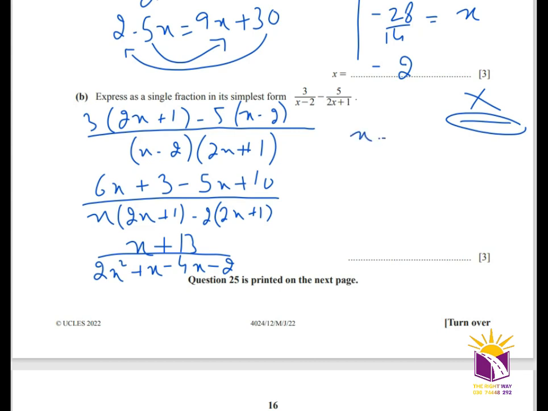So x plus 13 divided by 2x squared, plus x minus 4x will be equal to minus 3x, and minus 2. So your answer will be (x plus 13) divided by (2x squared minus 3x minus 2).